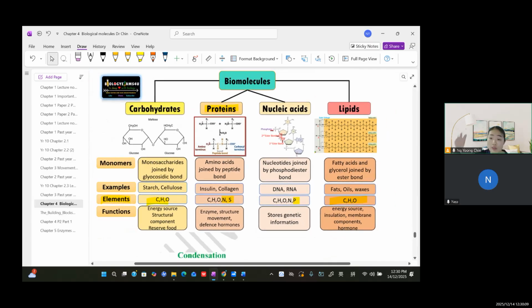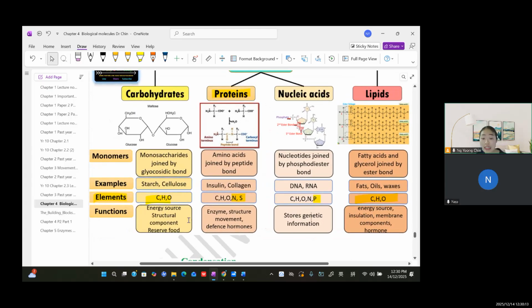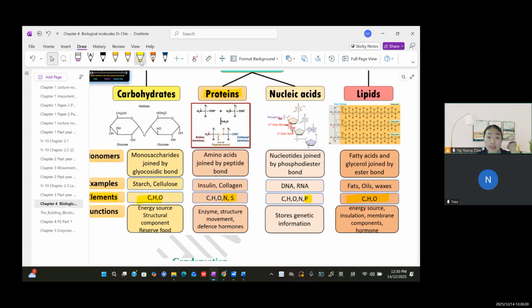Each of the biological molecules carries different functions. Carbohydrates are used for energy storage, such as glycogen or starch, or as a structural component, such as cellulose. Proteins, for example, include enzymes, defense proteins, hormones, any kind of protein. You can see the bonds: carbohydrate has glycosidic bonds, protein has peptide bonds, nucleic acid has phosphodiester bonds.